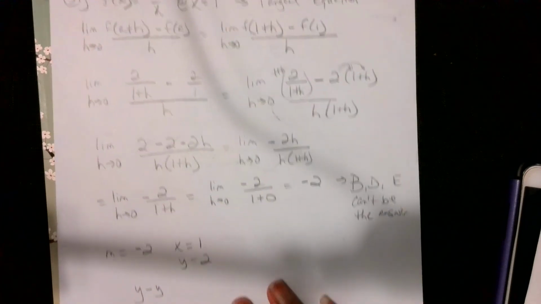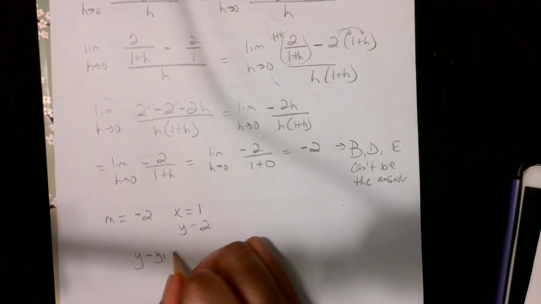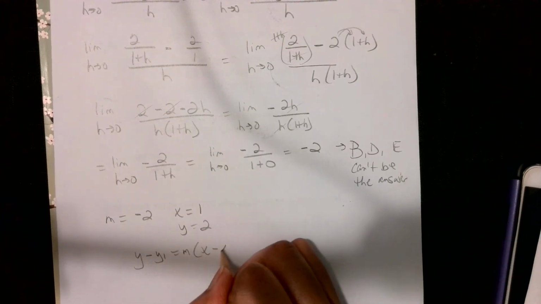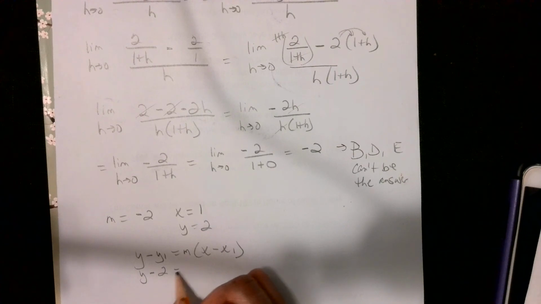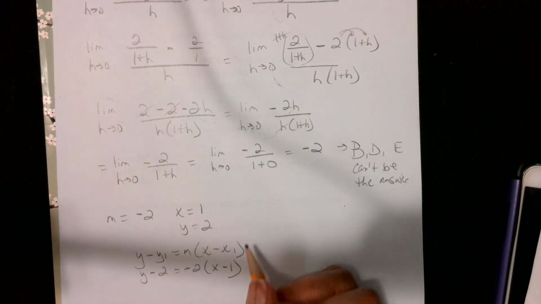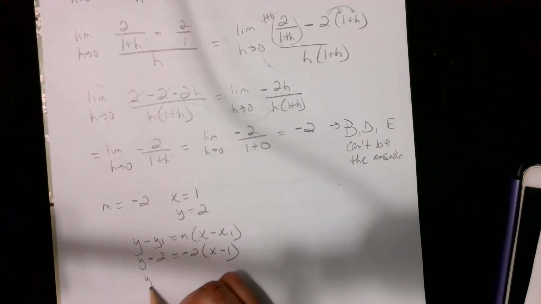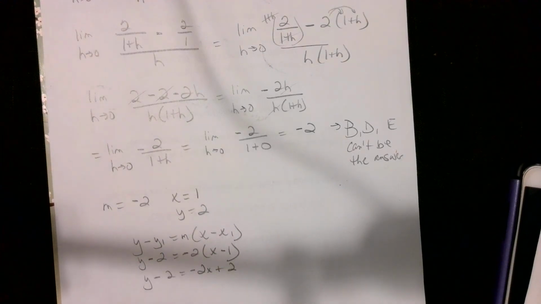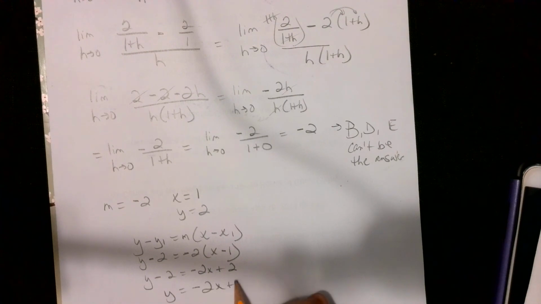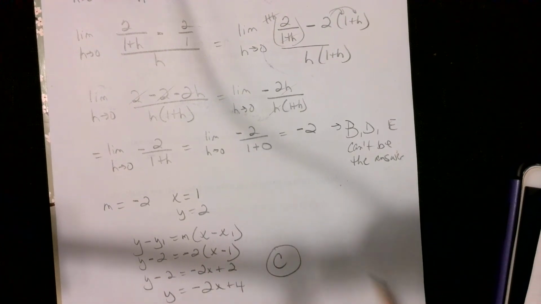And we finish it off. Add 2 to both sides, and y equals negative 2x plus 4, which is letter C.